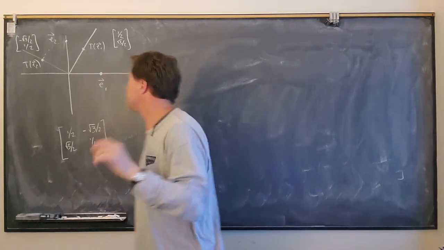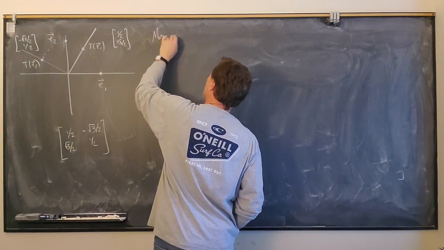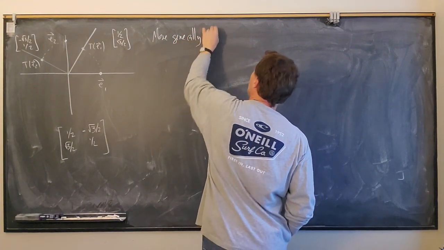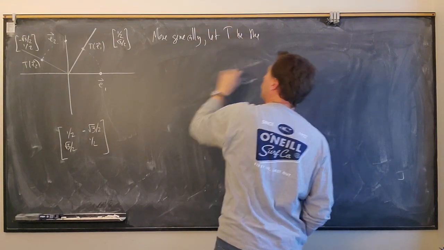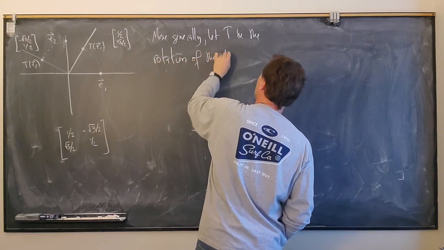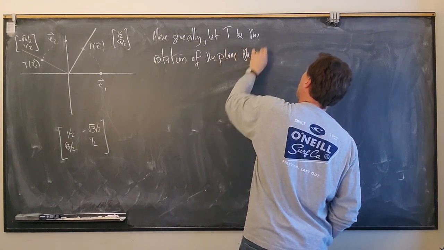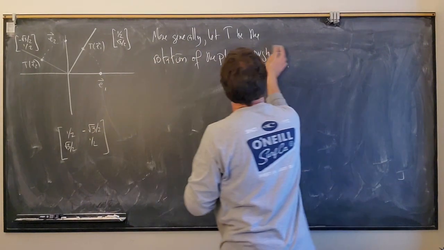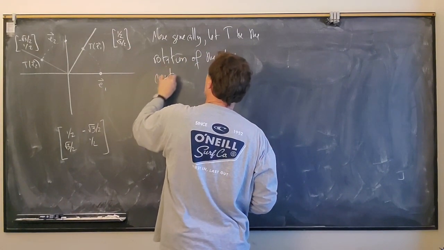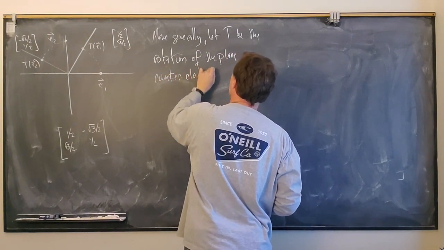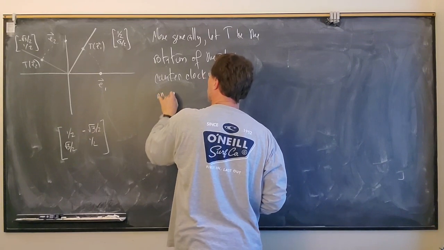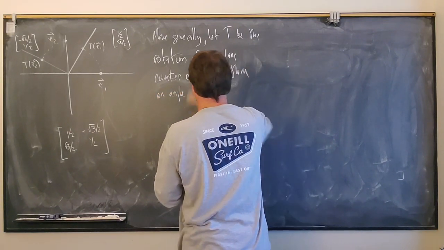So what I want to do is generalize this. So let's say more generally, let's let T be the rotation of the plane counterclockwise through an angle, let's just call it now theta.